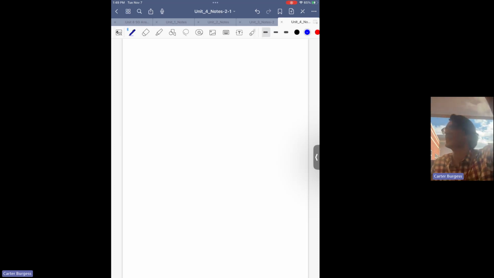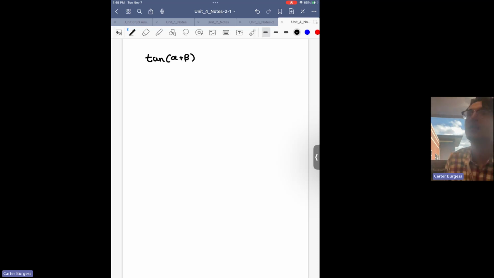But we're, again, just going to stick with not looking too hard at the derivations. In this case, looking at tangent of alpha plus beta. Tangent is sine in the numerator, cosine in the denominator. And so what we see is a little bit of niceness on top and a little bit of meanness in the denominator.